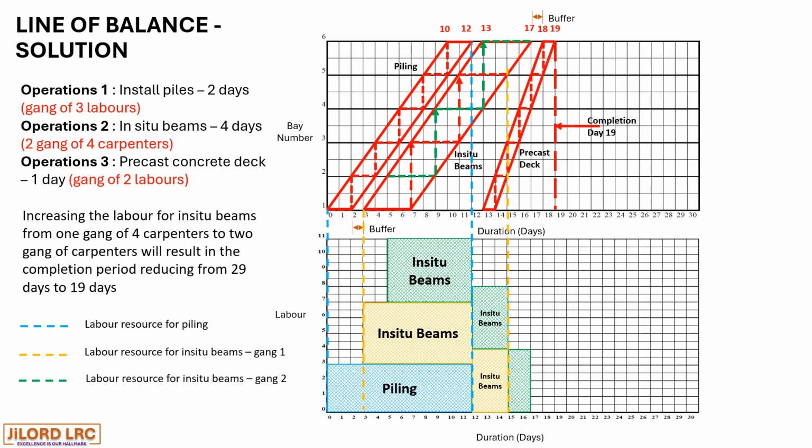So the labor resource for gang 2 is indicated in green. And then we have the last activity, being the precast deck, ending on day 19. So this is how the fast tracking is done for line of balance. We can see the labor resource histogram and the line of balance bars as shown.